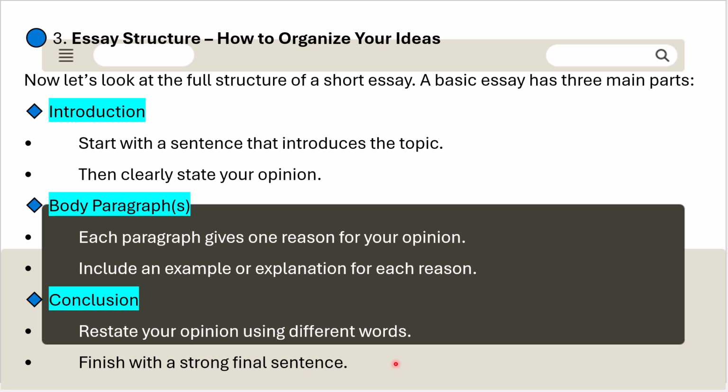There are various linking words which you can use to show contrast, to begin sentences, or to add more details. Whenever you are adding more details, you can use moreover, in addition to this, not only this but also this. Concluding phrases: in conclusion, to conclude, to sum up.